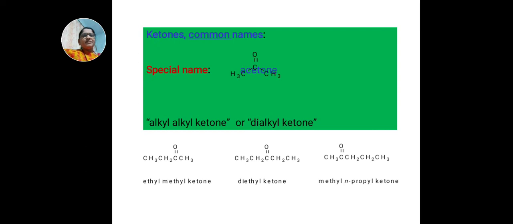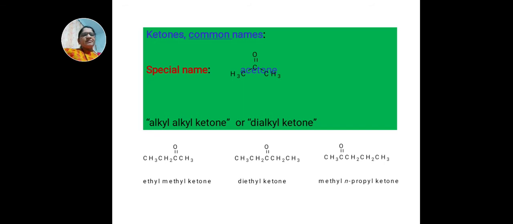Suppose first example, on this carbonyl carbon atom there are 2 different alkyl groups present. One is methyl group, that is CH3, and another is ethyl group, that is CH2CH3. Alphabetically ethyl comes first before methyl. Hence the name of this compound becomes ethyl methyl ketone.